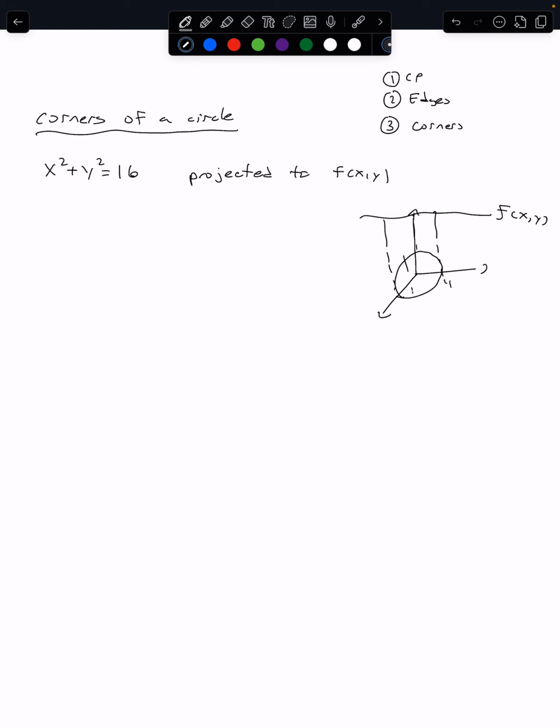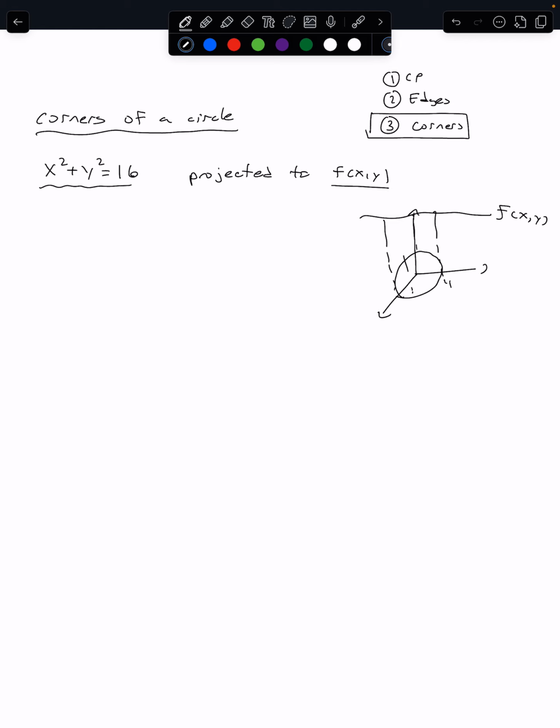What I want to talk about in this video specifically is what we mean when we say the corners of a circle. Recall, we want to project this circle, this cylinder in 3 dimensions, into our surface, our function f of xy.